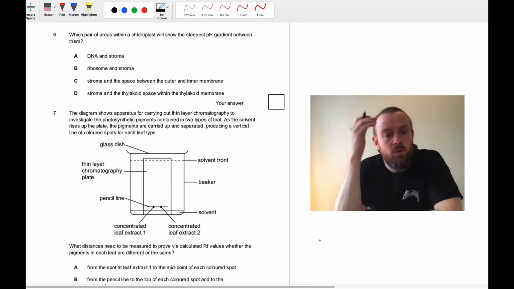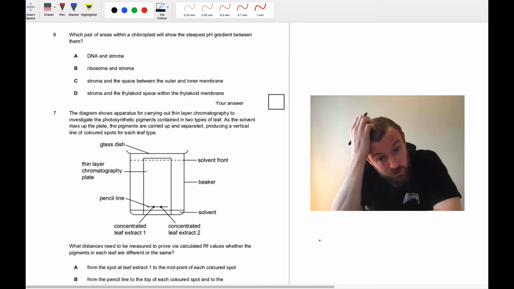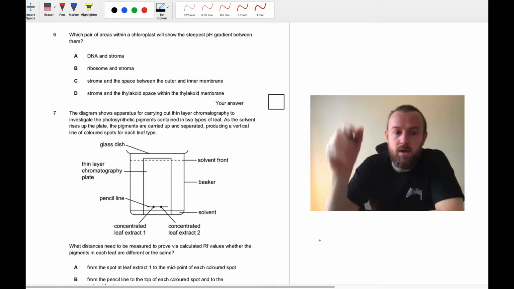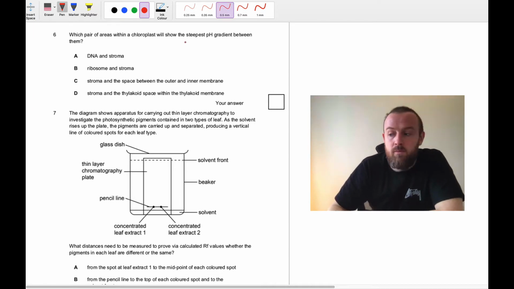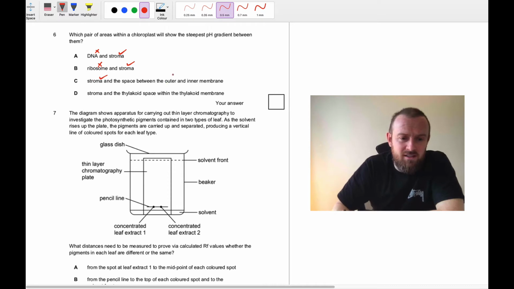6. Which pair of areas within the chloroplast will show the steepest pH gradient between them? This is between the place where the hydrogen ions are concentrated and the place where they're taken away from. So no and maybe, but no and maybe. Maybe and, well, yes and not really.